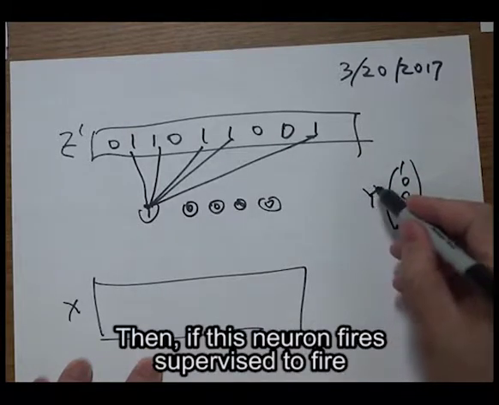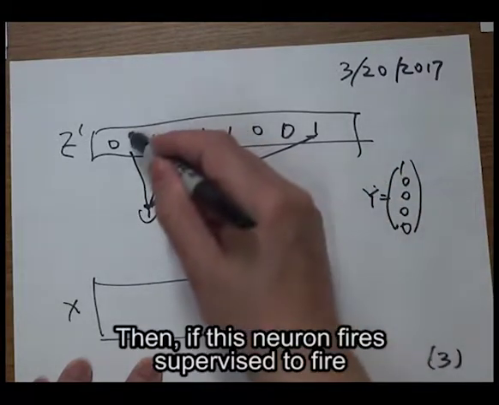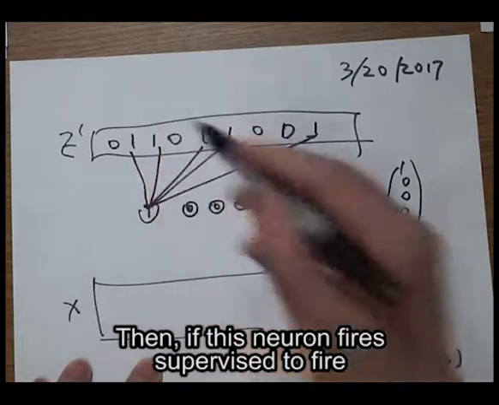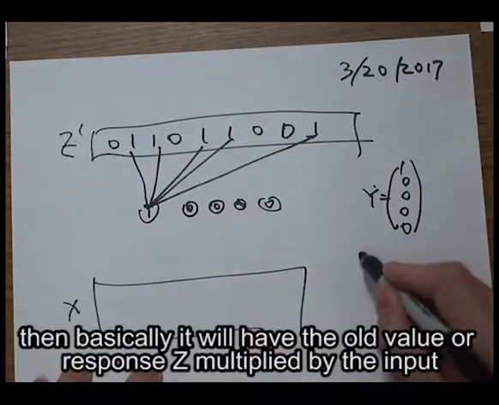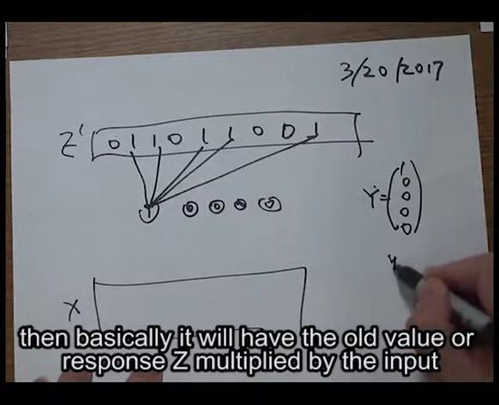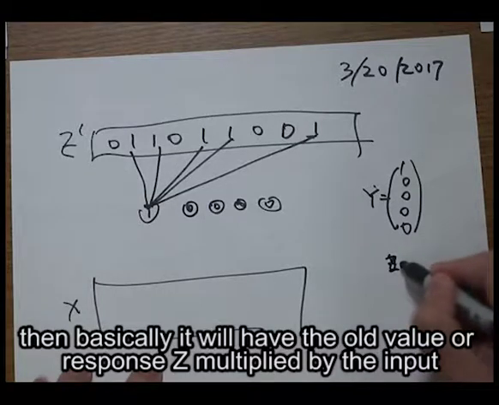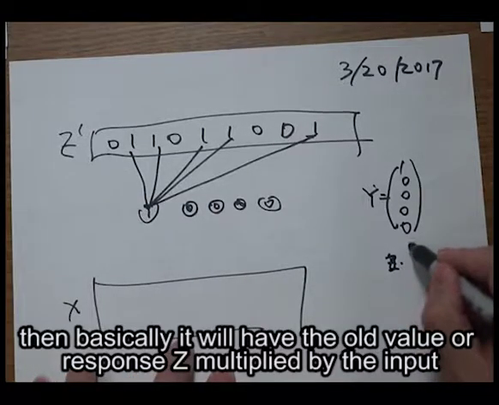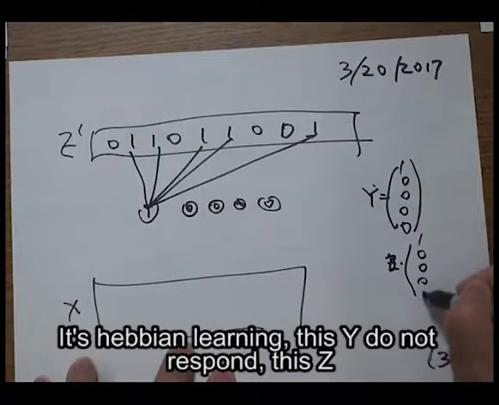Then if this neuron fires, supervised to fire, then basically it will have the old value. So the response Z multiplies the input. All right, see we're learning.